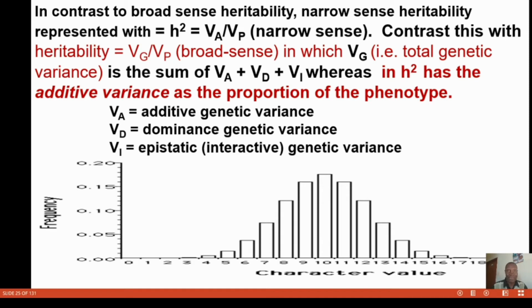In contrast here, the narrow sense heritability, note, is the VA, or additive, over, or a proportion over, the phenotypic variance. The H with the power 2 is not square, it's just a symbol that represents heritability as an abbreviation.